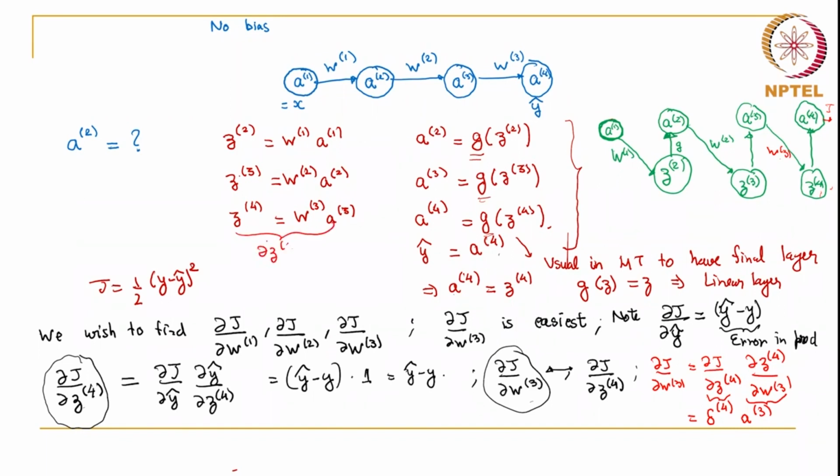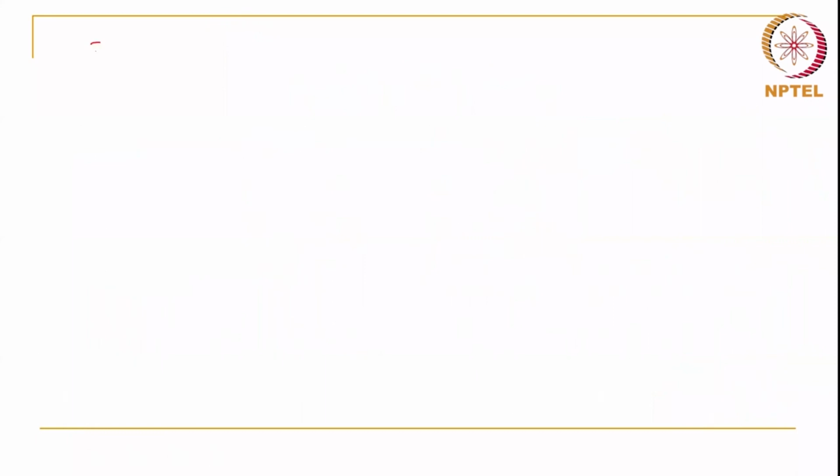Del Z4 del W3 equals A3. So what we see is del J del W3 is delta 4 A3. Okay, so I'm going to write that here: del J del W3 equals delta 4 A3. Delta 4 we can calculate because this was equal to y hat minus y. We just saw it.